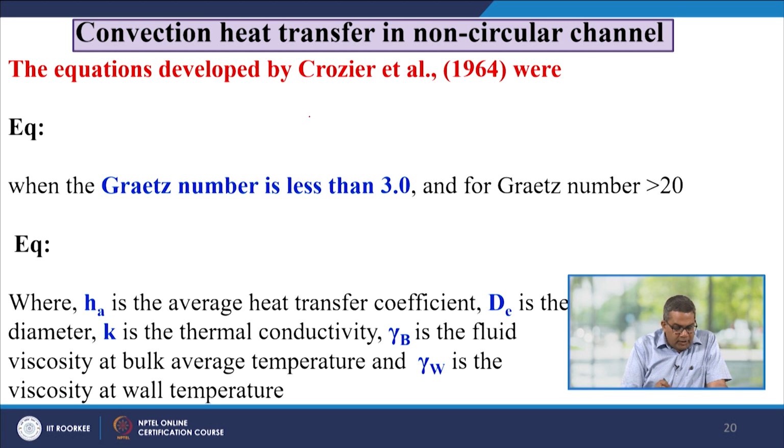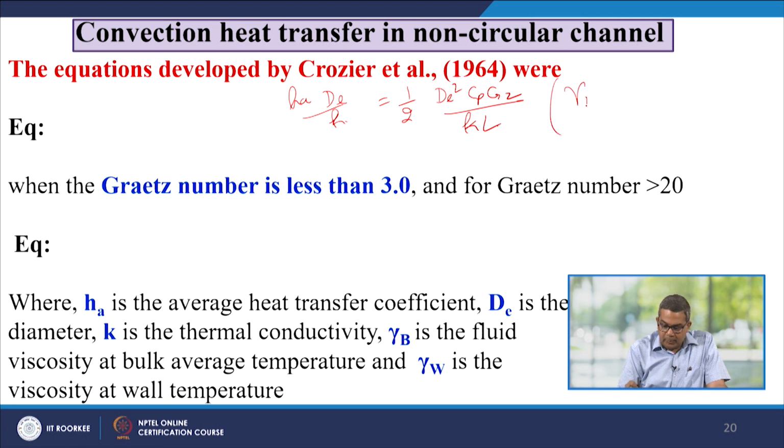Now, one equation is hD_e over k equals 1 by 2 d square Cp Zz, times eta_B over eta_W to the power 0.14. This is equation number 6.